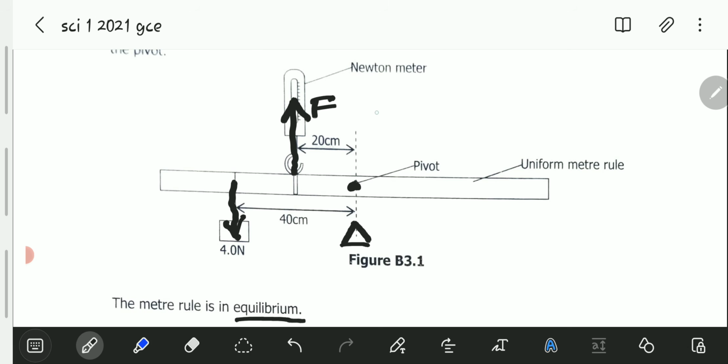So we are just asked to calculate the force with which the Newton meter exerts on this. Since it is the closest to the pivot, let the force exerted by the Newton meter be F1, and the distance from the pivot to F1 be equal to D1.